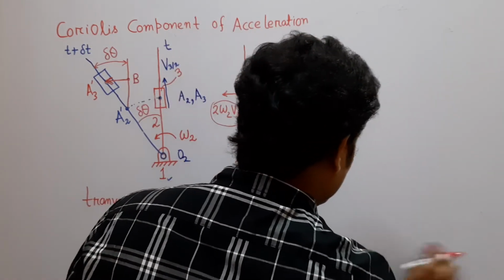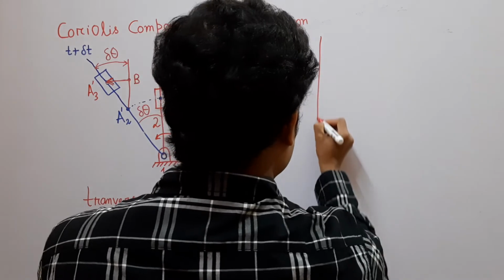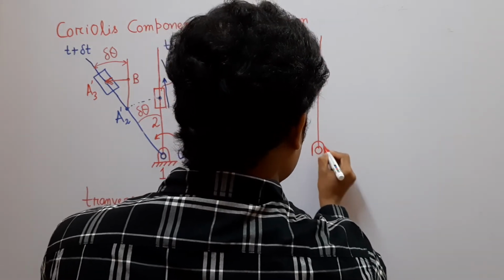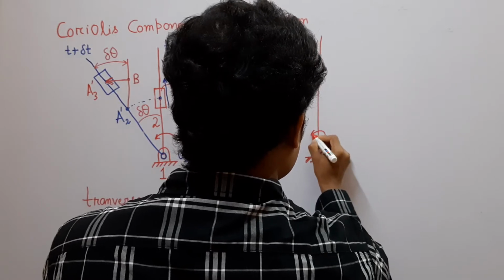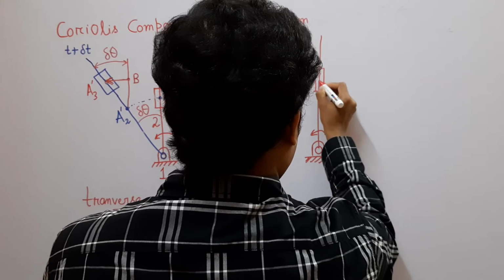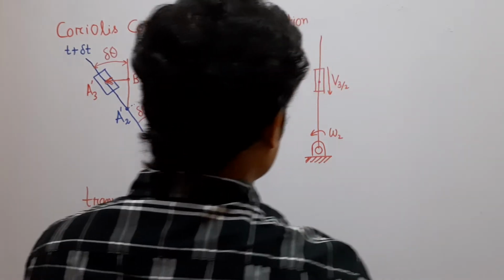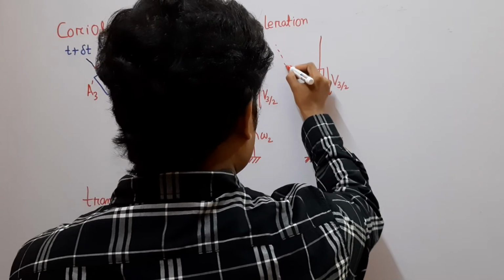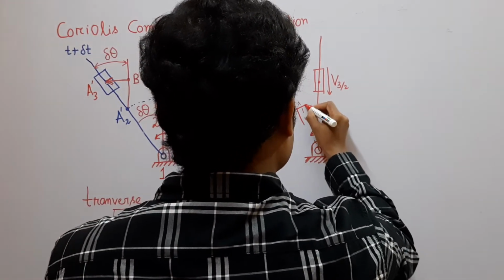Now let me erase those things. Now let me draw another combination. Say omega 2 is along this direction and V3 by 2 is downward direction. Then what will be the position after delta t? This will come here.